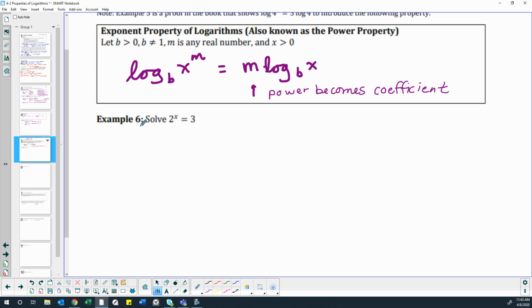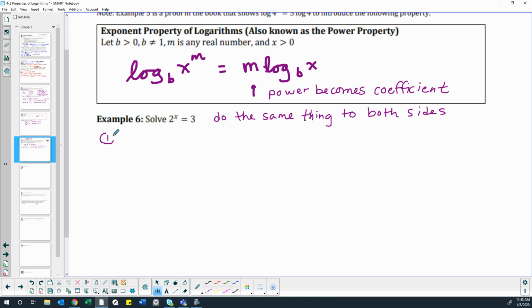The first thing we're going to do, though, is what I like to call the golden rule of algebra, which says we can do the same thing to both sides. So if we want to do the same thing to both sides and we want logarithms, we can go ahead and take the logarithm of each side. I'm going to go ahead and tell you step by step what I'm doing.